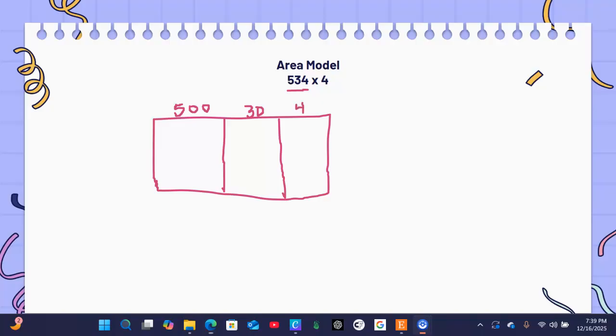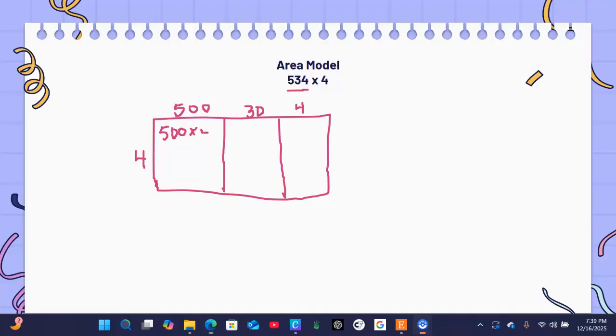And all we're doing now is we're going to take the number 4, because it's basically saying 4 copies of 500, 4 copies of 30, and 4 copies of 4. So let's go ahead and write that out, where we write 500 times 4.